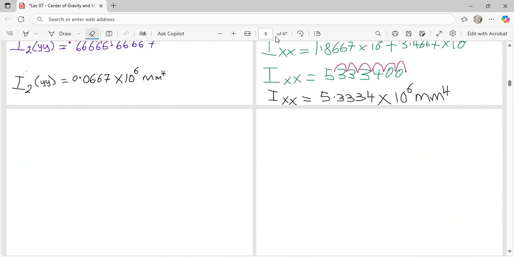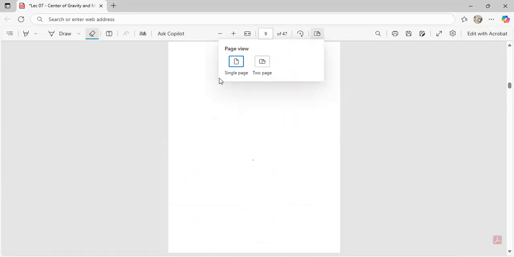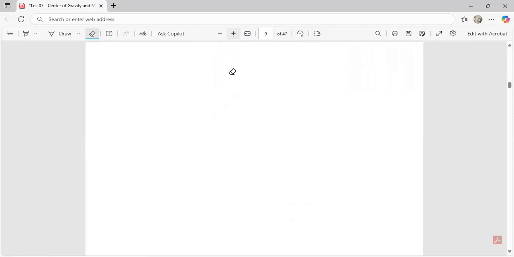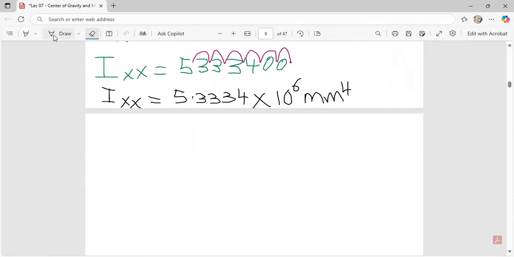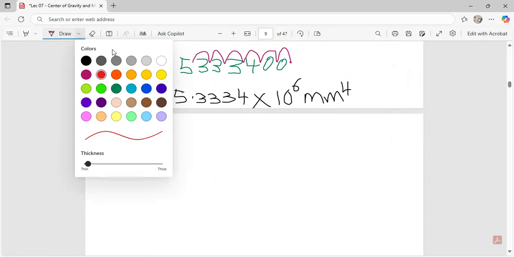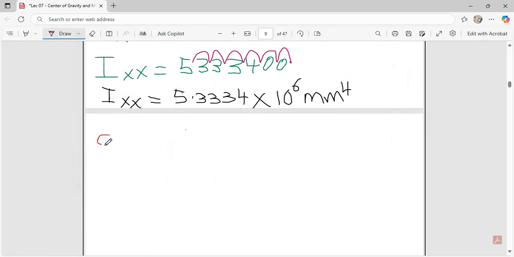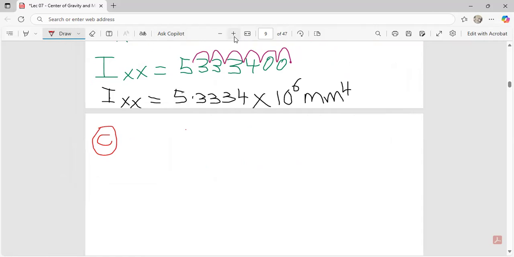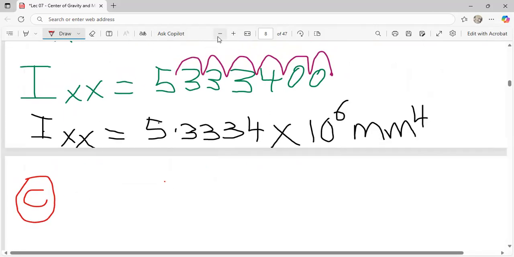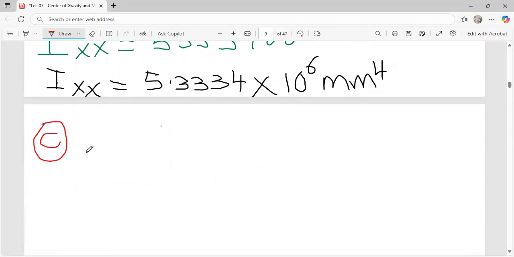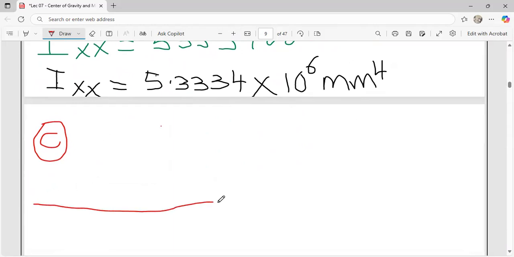That is C. Polar moment of inertia. So this is our C.